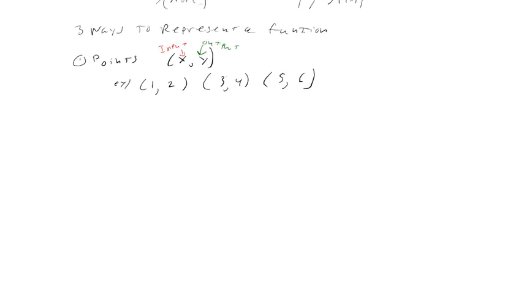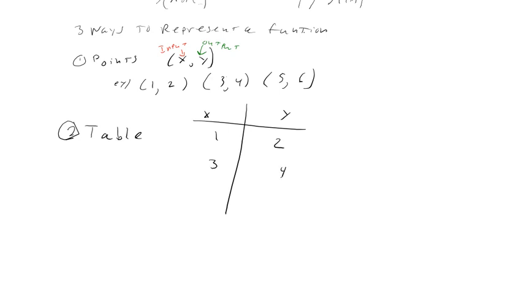Another way we represent that, second way, is we can use a table. We can have x and y, and we can do something like 1, 2, 3, 4, 5, 6. This is a really ugly table, but you get the idea.